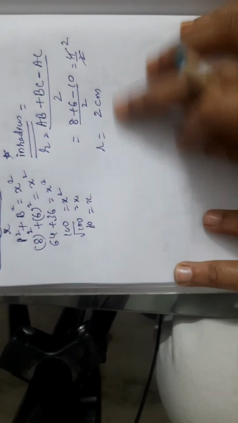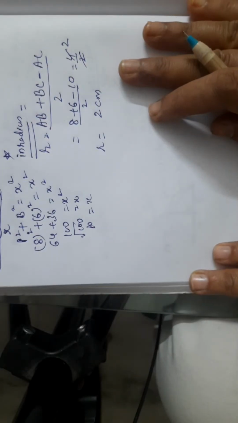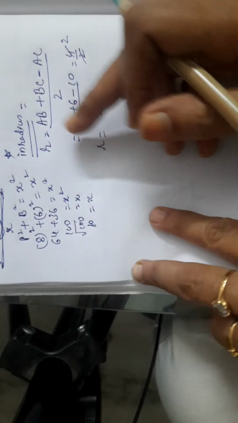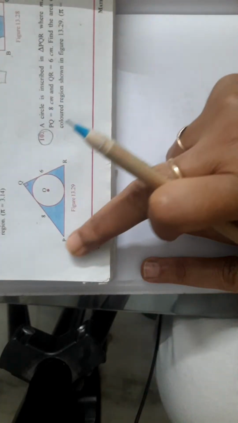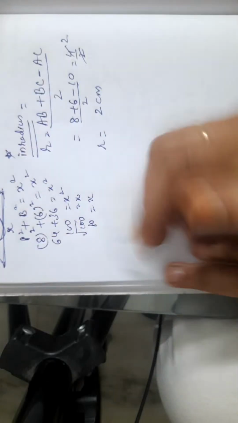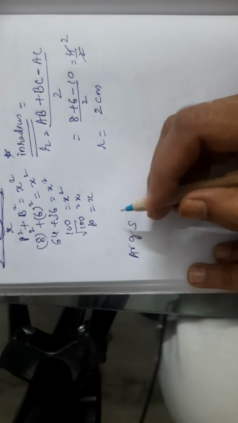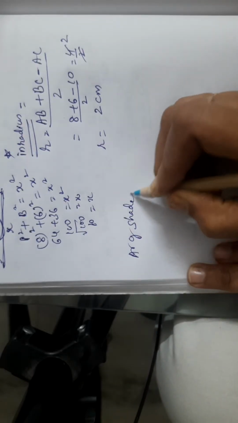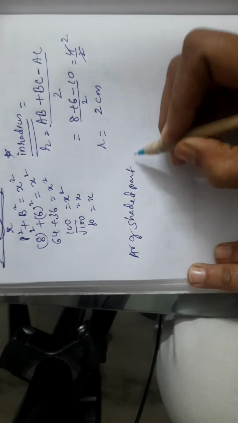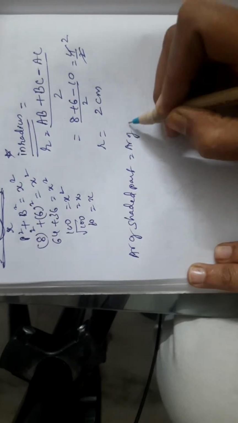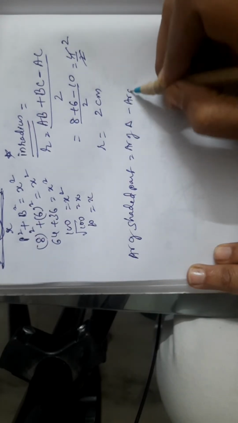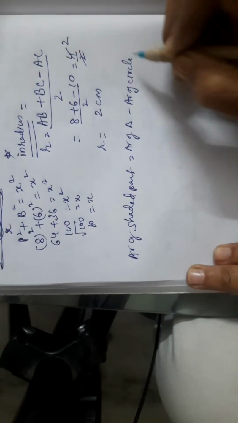We got the value of the inradius. Now the area of the shaded part. How are we going to calculate the area of the shaded part? Out of the area of the triangle, the area of the circle is to be subtracted. Area of the shaded part is area of triangle minus area of circle.